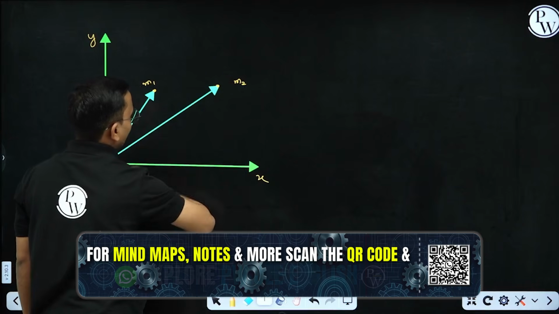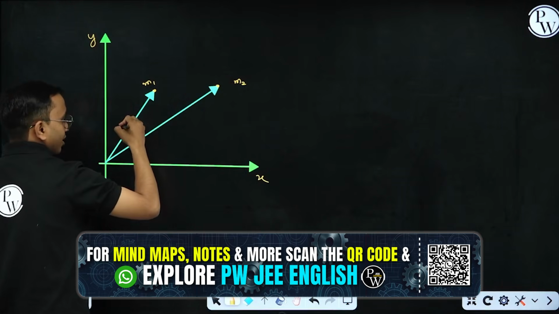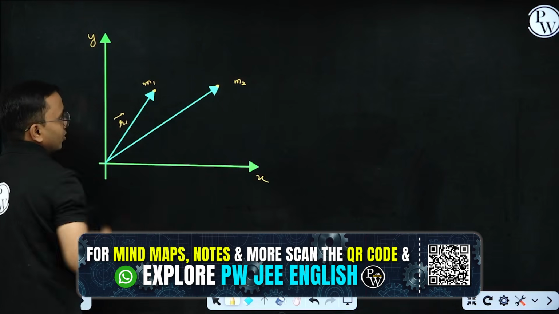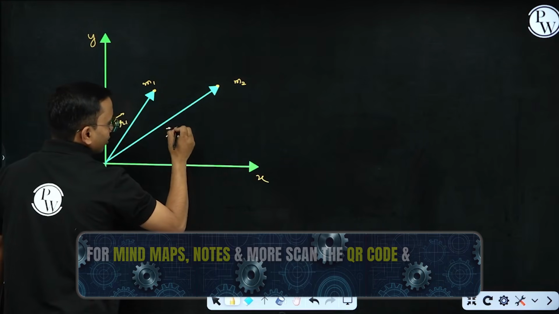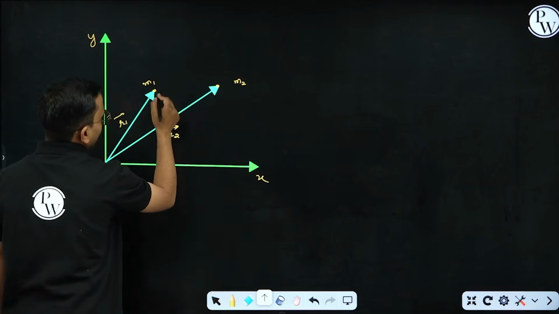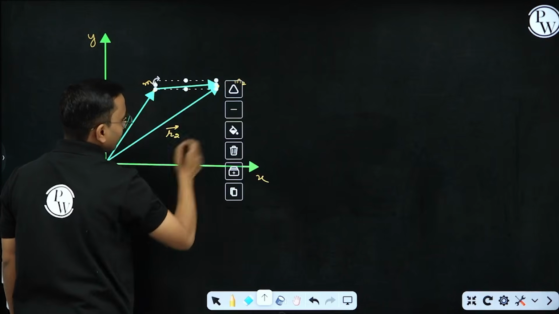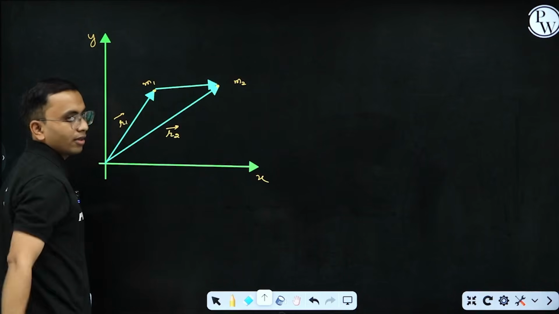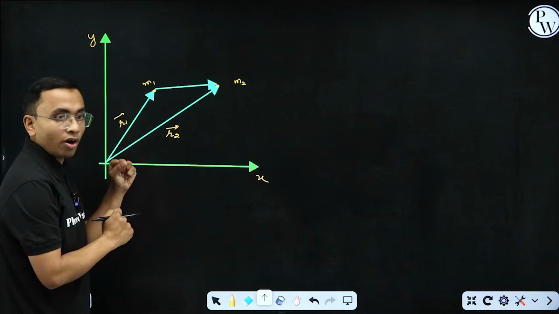Now, let us take this as my R1, position of M1. This is my R2, position of M2. Now, if I ask you, in terms of R1 and R2, what is this vector? Use the triangular law of addition.